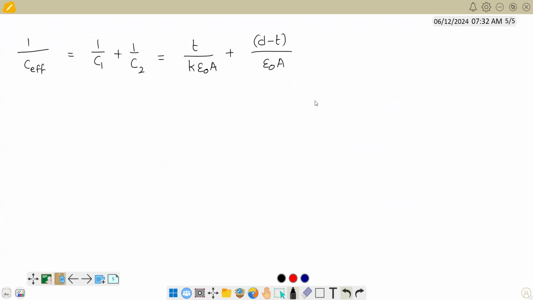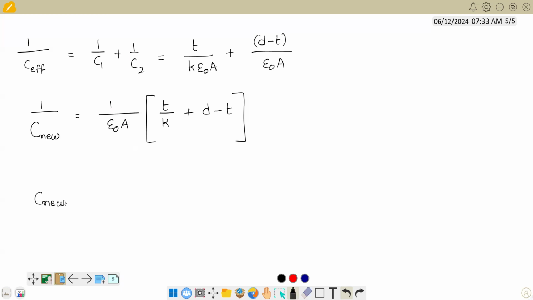If you see this, we can take 1 by epsilon naught A as common. You will get t by K plus d minus t. This is what you get in the numerator, as 1 by C effective is nothing but this. So reverse this now.